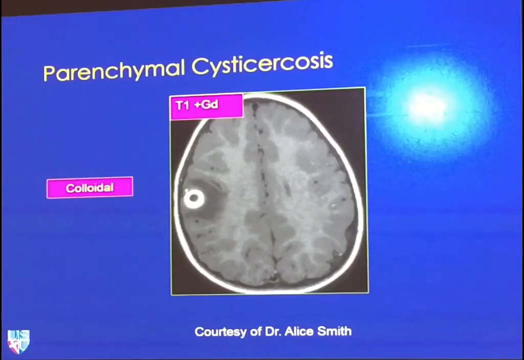In a minute, we're going to talk about other types of infection that can affect the brain, and there is one finding that is pathognomonic, which I'll point out when we get to that. But in general, a ring-enhancing lesion has a broad differential, so you're kind of stuck with that. You may end up needing to treat the patient and see if it improves. You may have to sample. Thank you for the question.